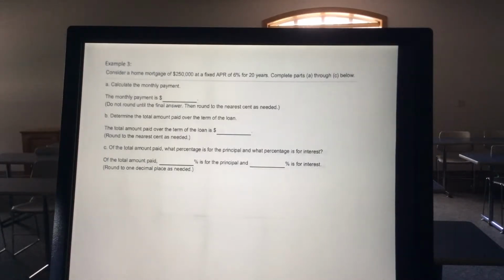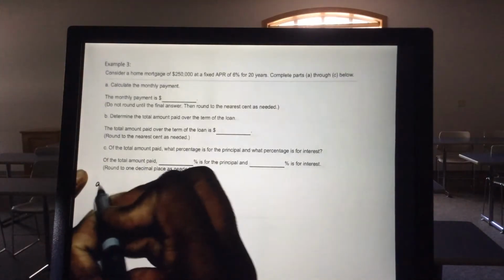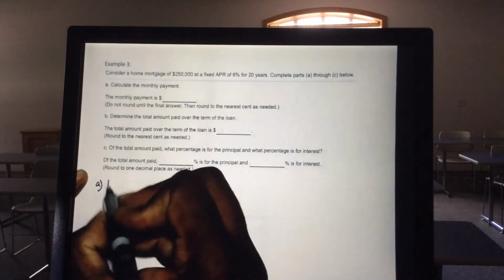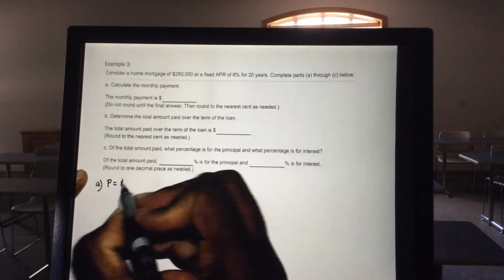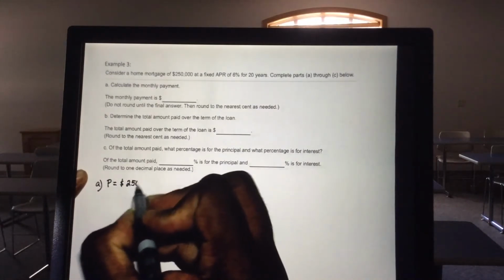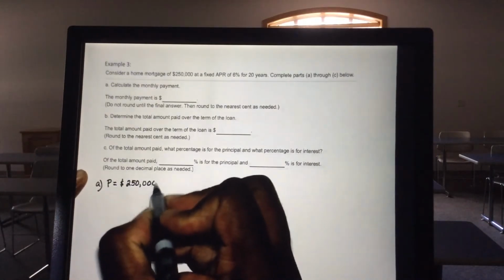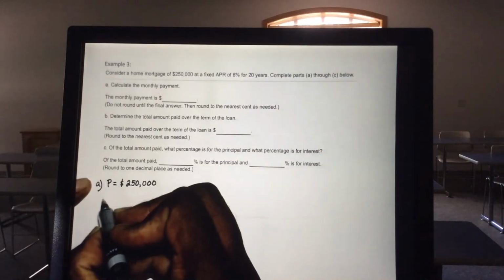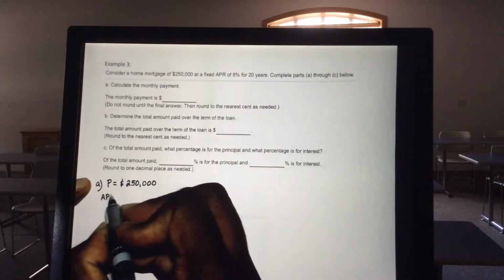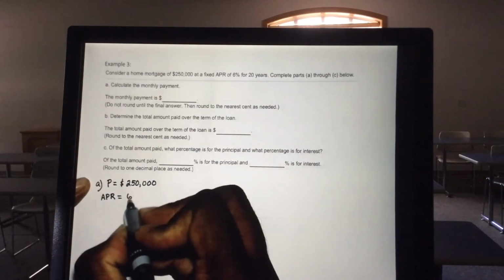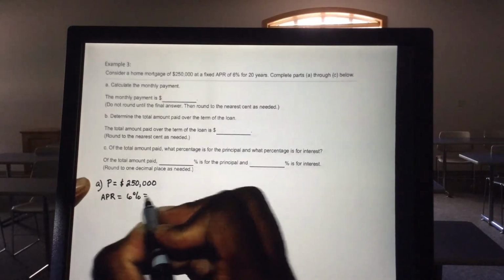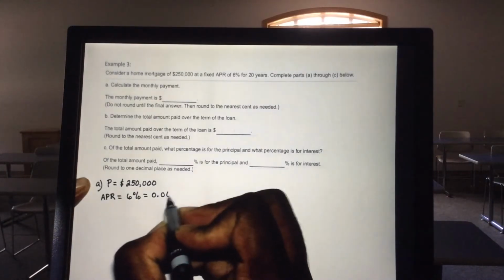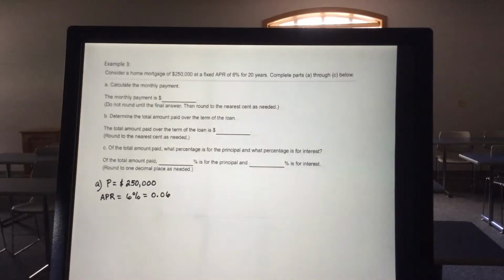Okay, in this case, we're considering a home mortgage of $250,000. The APR is 6%, but 6% as a decimal, if you take 6 divided by 100, you'll get 0.06.